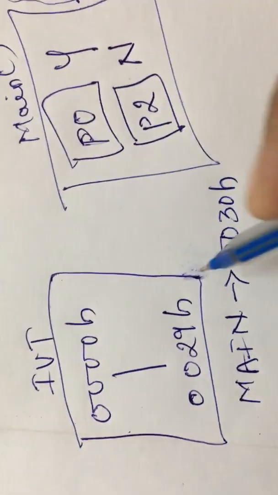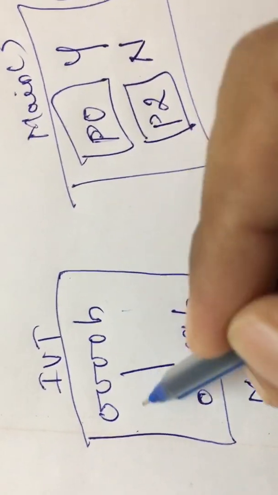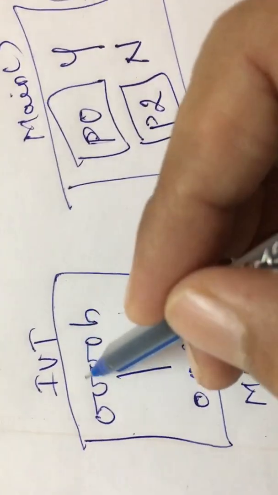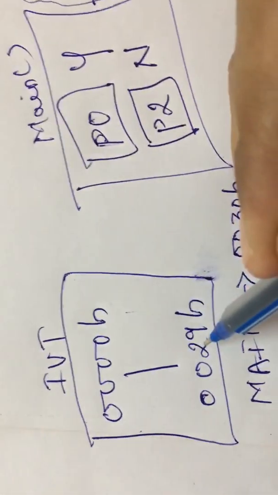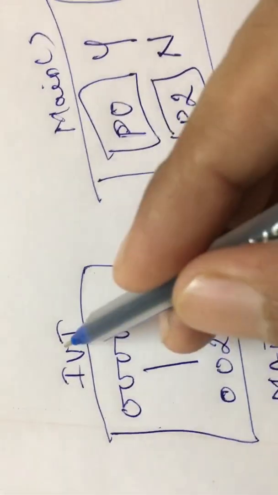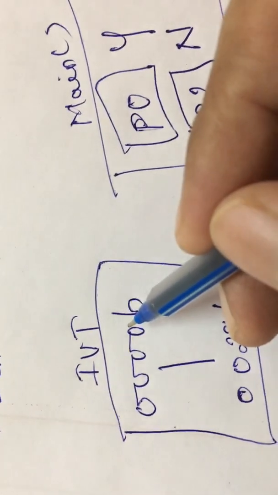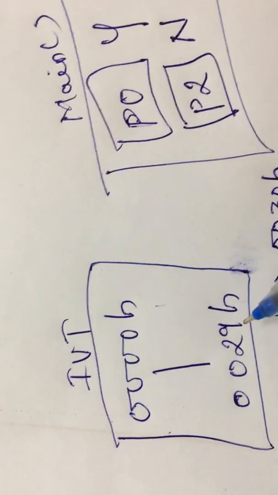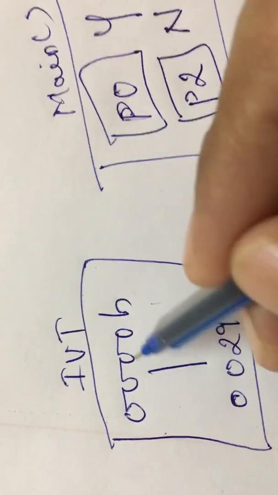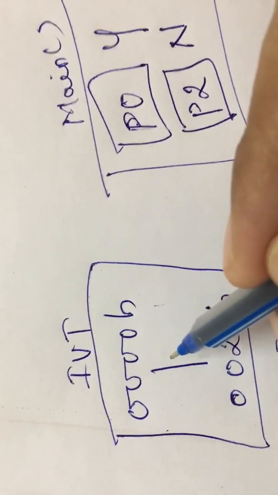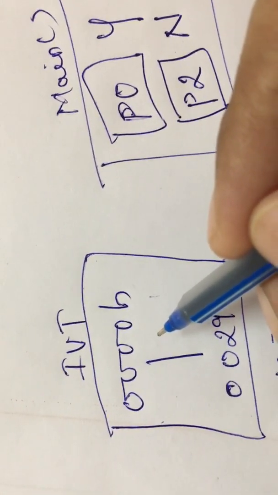In order to bypass this whole memory area, we are not going to enter inside because it is with respect to the IVT. So we cannot touch this particular area. The maximum value that the IVT has taken is 0029H. From 0000H to 0029H, it is not possible to use this location because inside we have some interrupt addresses. Hope you are clear about this statement.